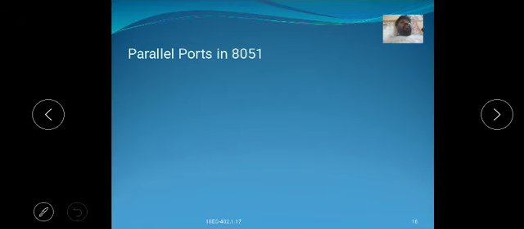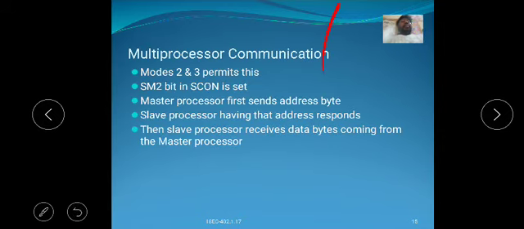Modes 2 and 3 permit multiprocessor communication, and the SM2 bit in the SCON register is set. While doing multiprocessor communication, the SM2 bit in the SCON register is set.